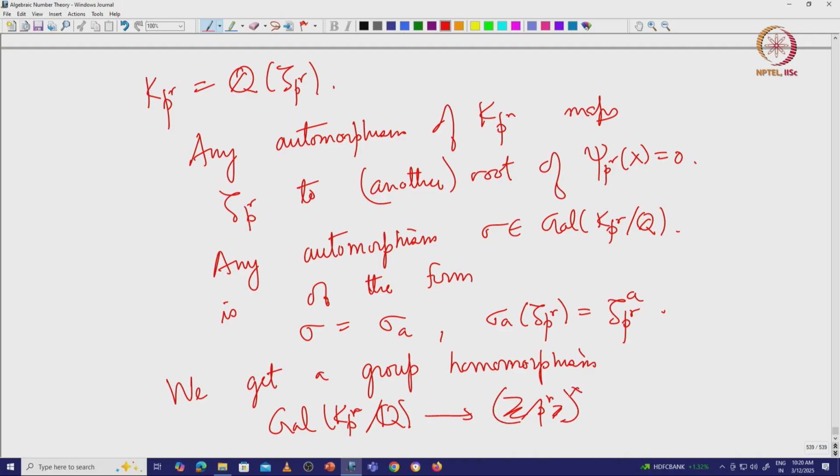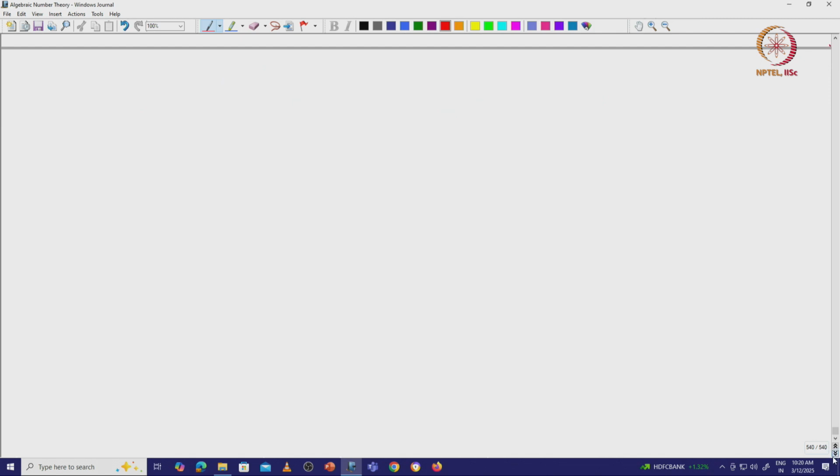Here a is such that the GCD of a and p is 1. Otherwise, it is not a root of psi, that is the problem if p divides a. So, this homomorphism is clearly injective, and up to this point it works for any field.